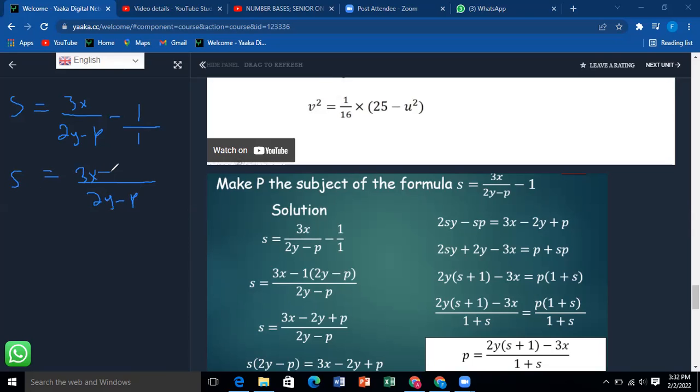Then we subtract 2y minus p divided by 1, which is 2y minus p times 1. So that will still remain as 2y minus p, but we can have it in brackets to avoid confusion with the signs.